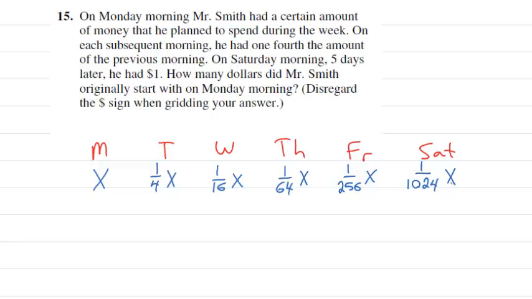So on Saturday, he had $1, and Saturday is also 1 over 1024 x. So 1 over 1024 x equals 1. To solve for x, we would multiply both sides by 1024, and x equals 1024.